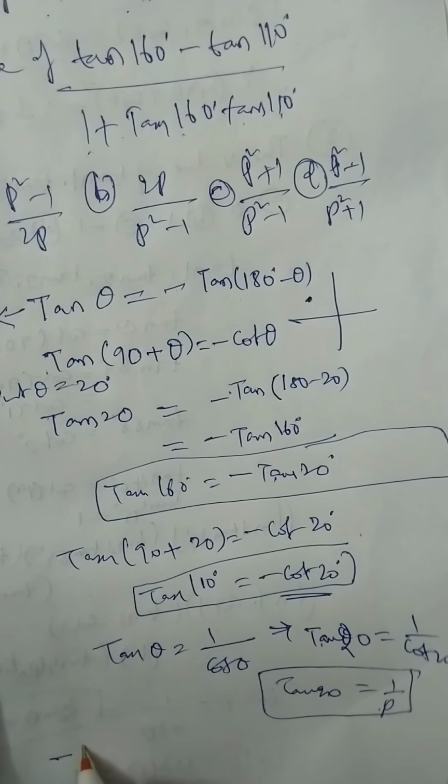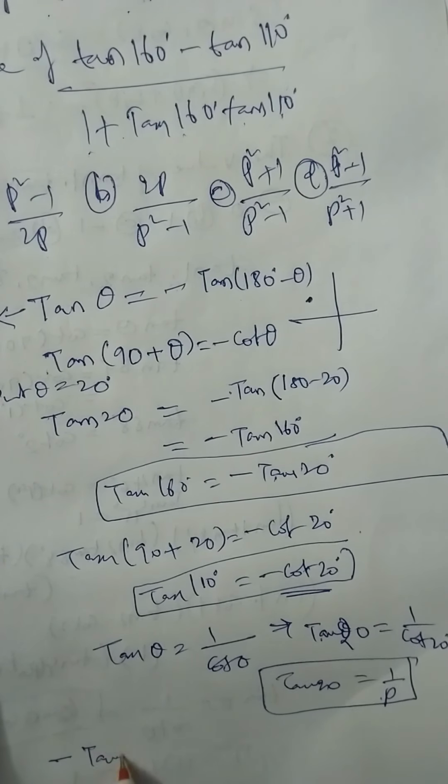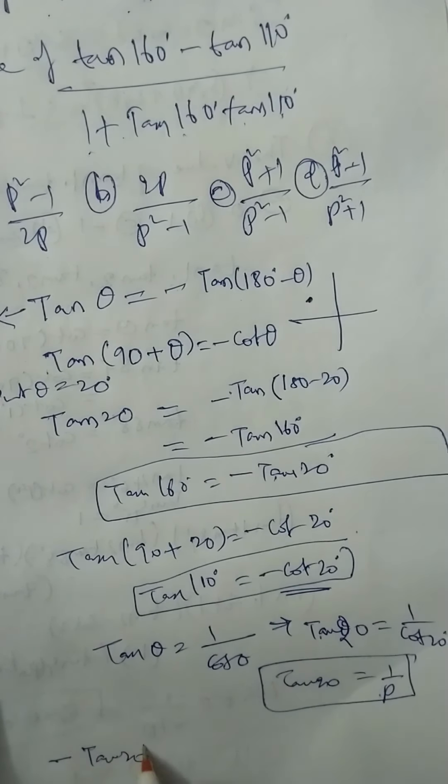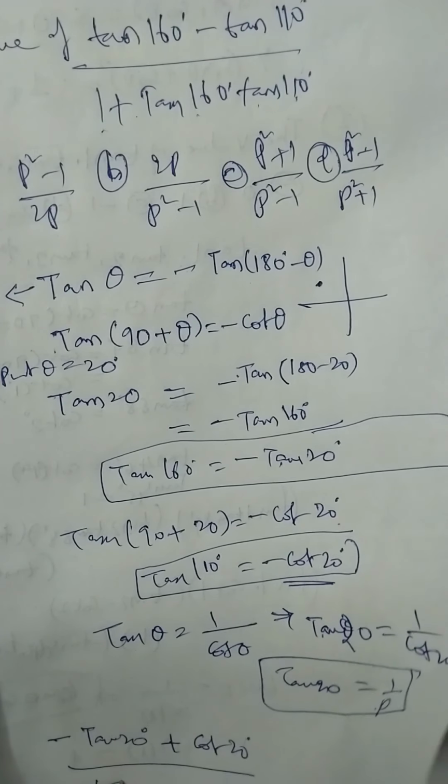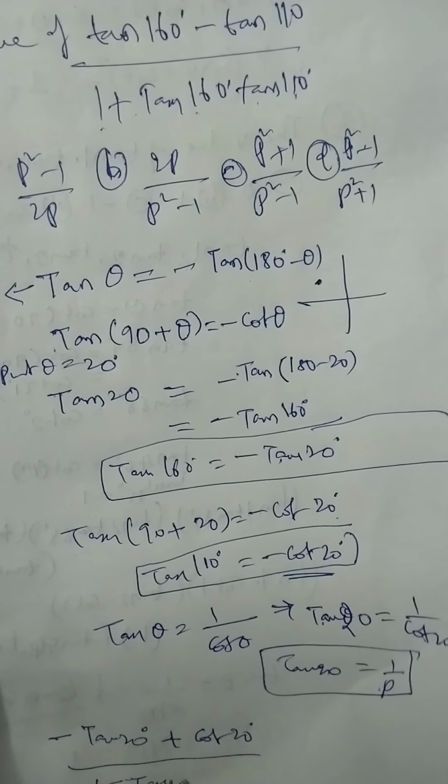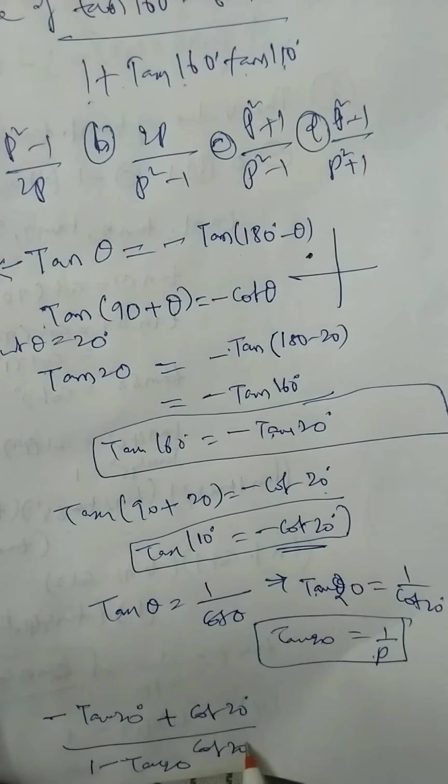So we will see that tan 160 is minus tan 20, minus of minus cot 20, by 1 minus tan 20 into cot 20.